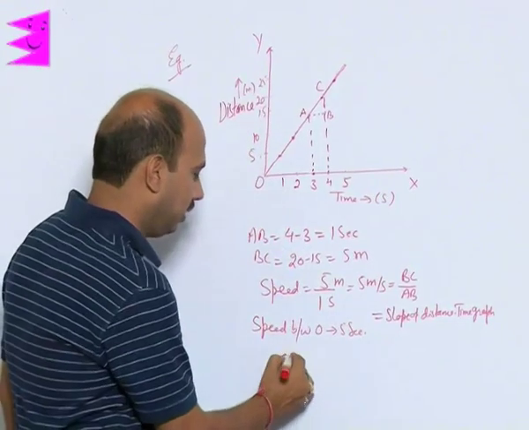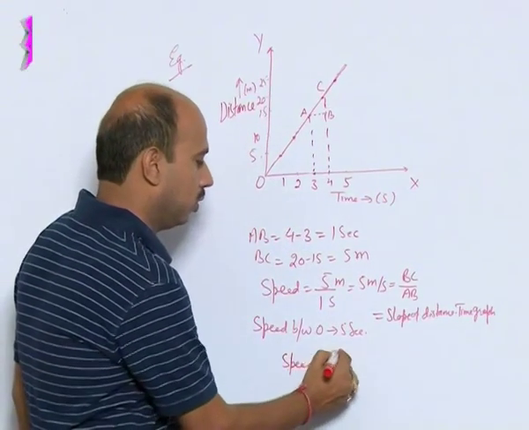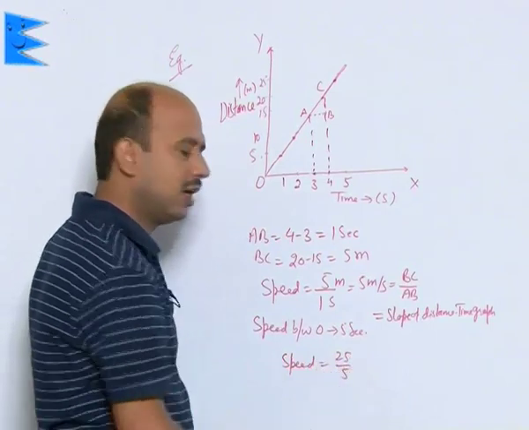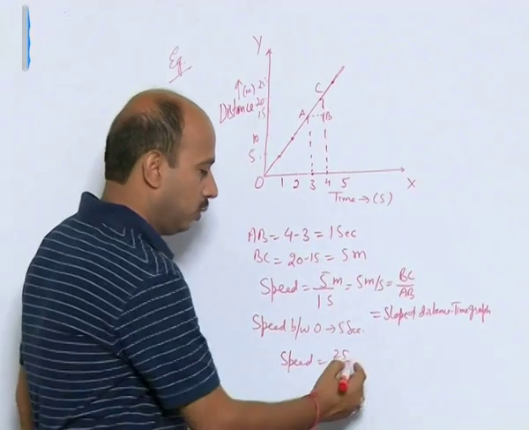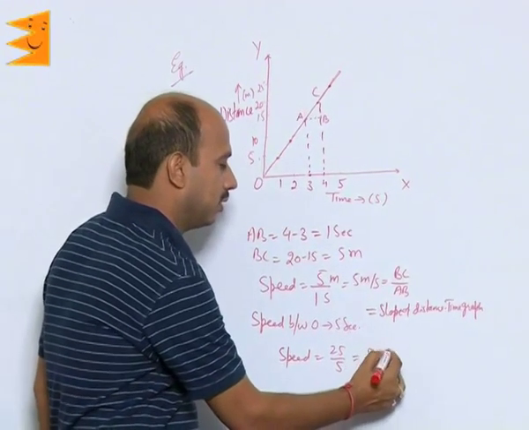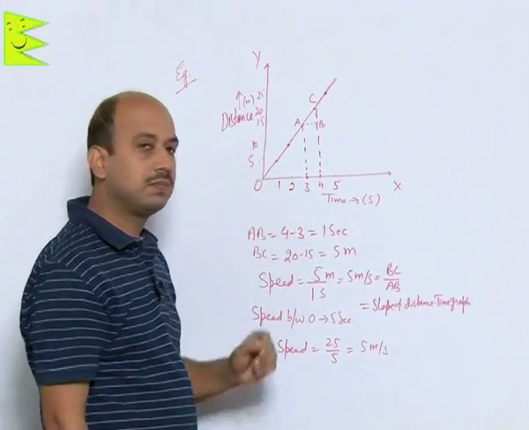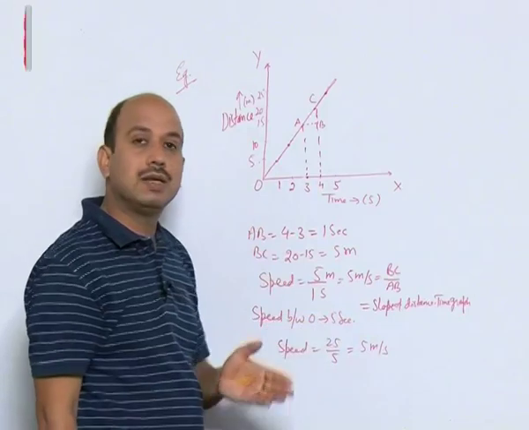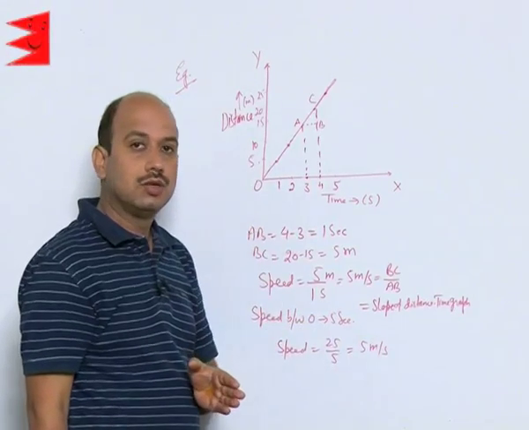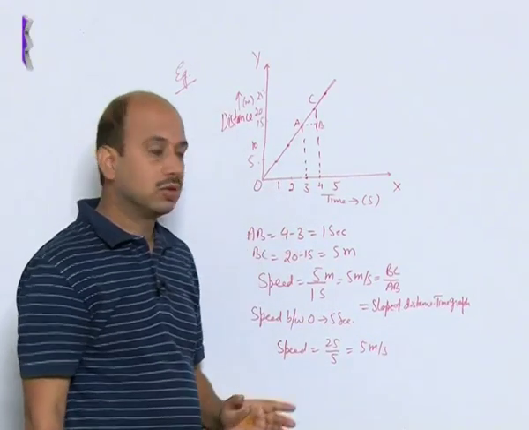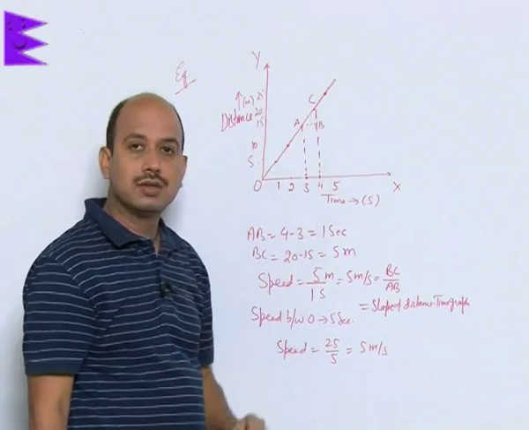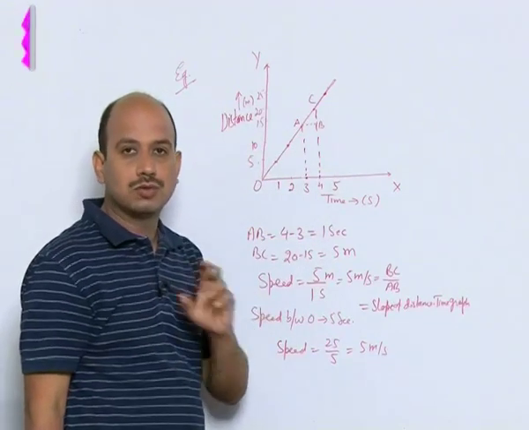So we can write speed is equal to 25 upon 5, that can be said average speed also, that is 5 meter per second. So whatever time interval you take in this example, speed remains constant. So for uniform motion, the graph is a straight line and speed remains constant.